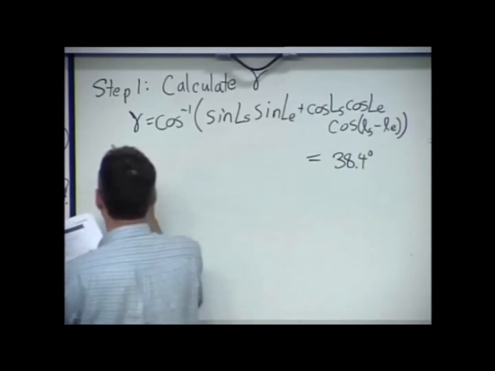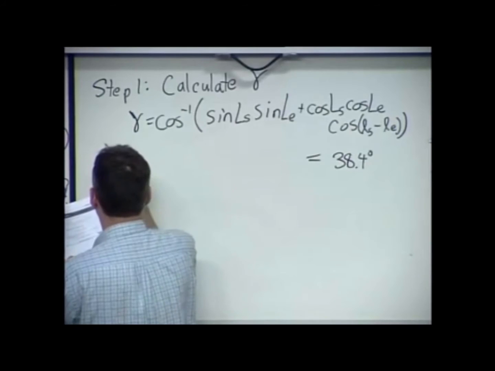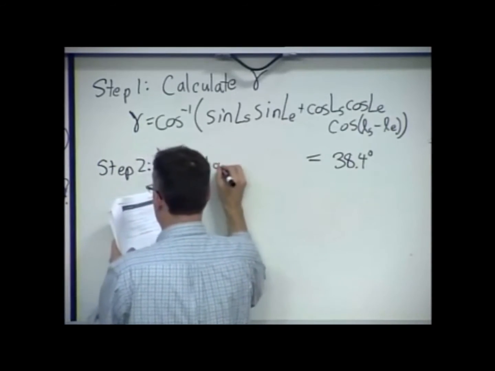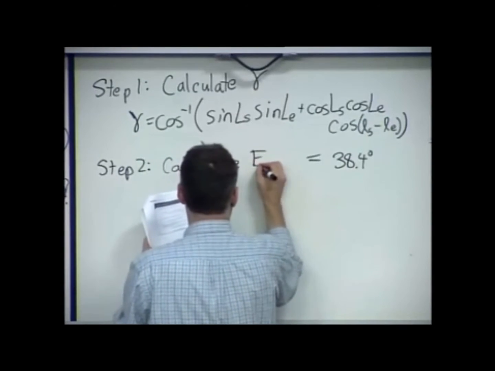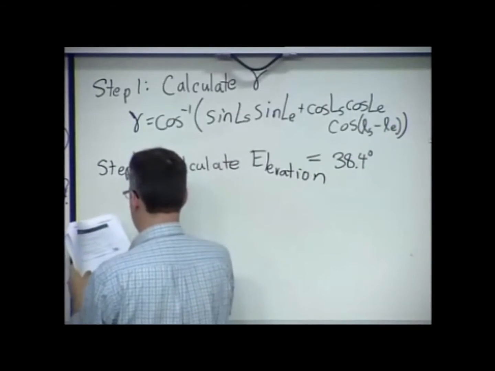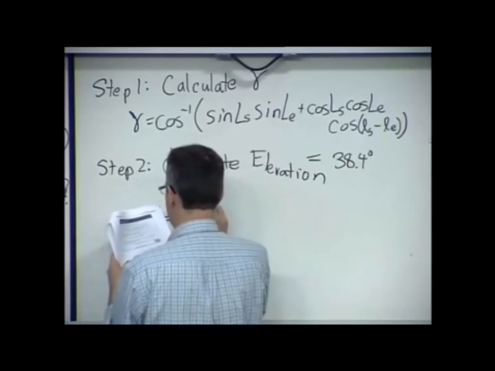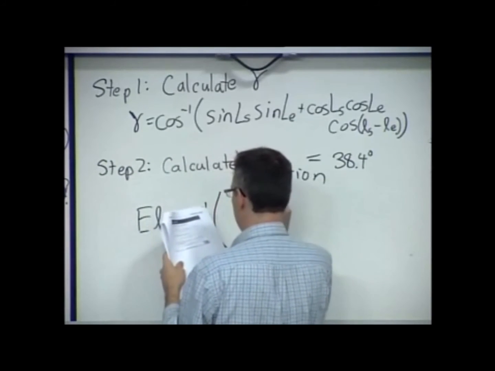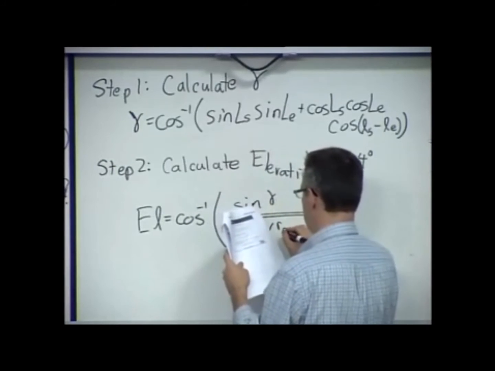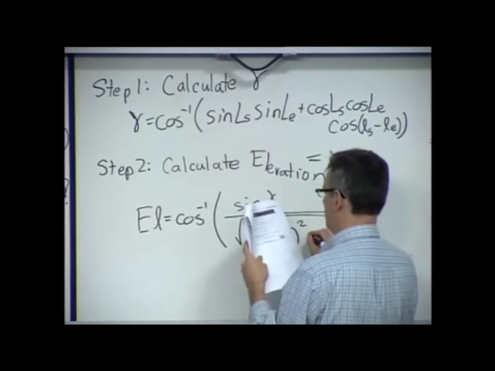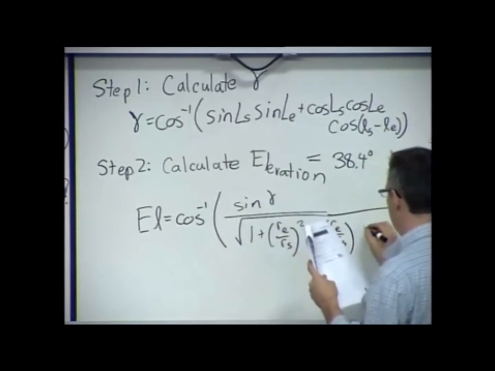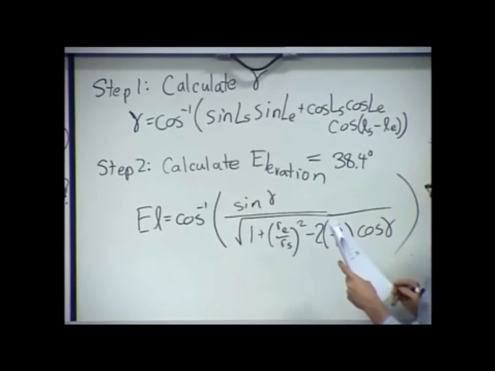To get that, that's step two. Calculate elevation. EL is equal to the arc cosine, just massaging the formula that I gave you on the previous page into a slightly different form, of 1 plus RE over RS, quantity squared, minus 2 RE over RS, not squared, times cosine of gamma.